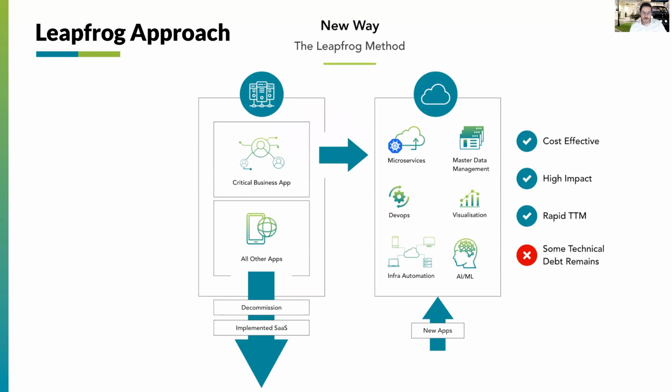Build everything 12 factor, so everything is cloud native from the start. You have a master data management platform where all your data is landing in some sort of data lake, which then you can do analytics on, and then you can start to do visualizations on top of that and build out your AI to try to make sense of all this.